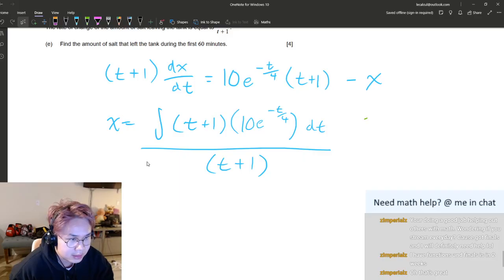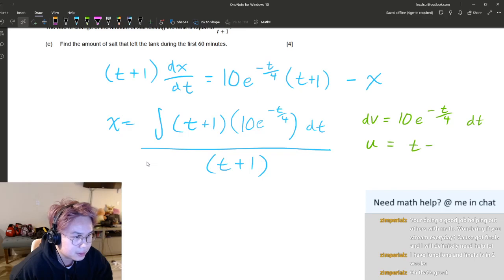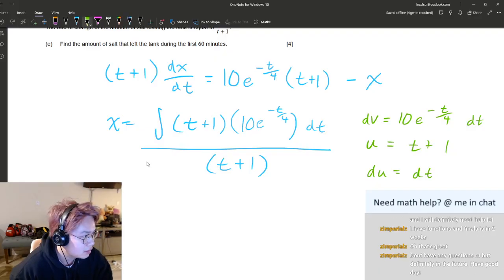So let's see, I'm gonna say dv is this part, and u is this part. So of course du is going to just be dt, nice, and then do this one.